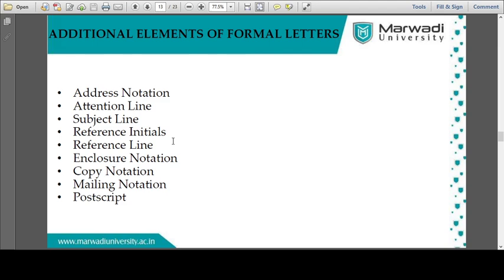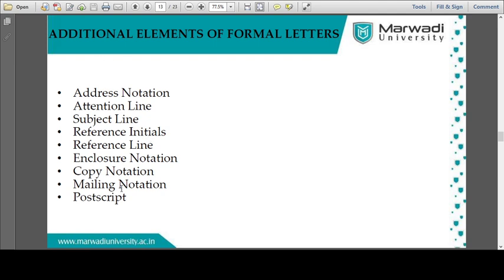Or if somebody has inquired about your product, and you need to reply to them, then sometimes you need to attach the brochure or catalog of your products. This portion will come under enclosure notation.